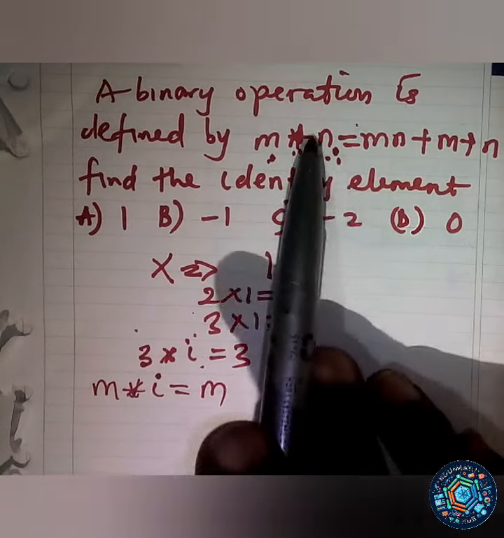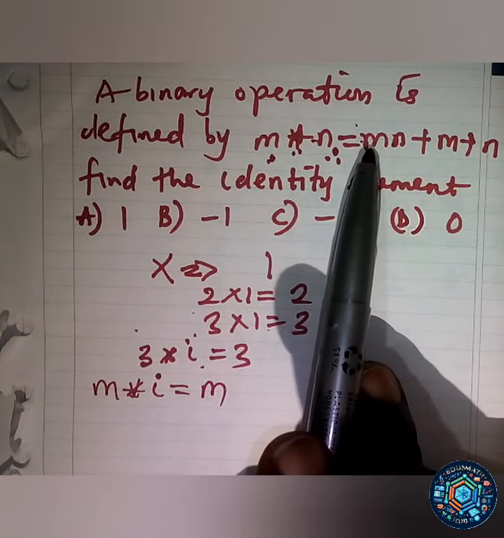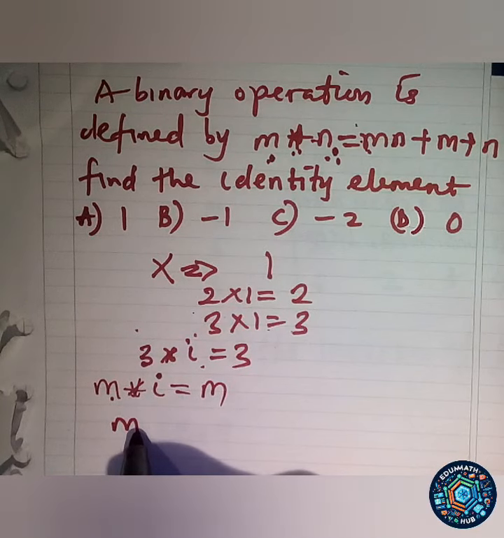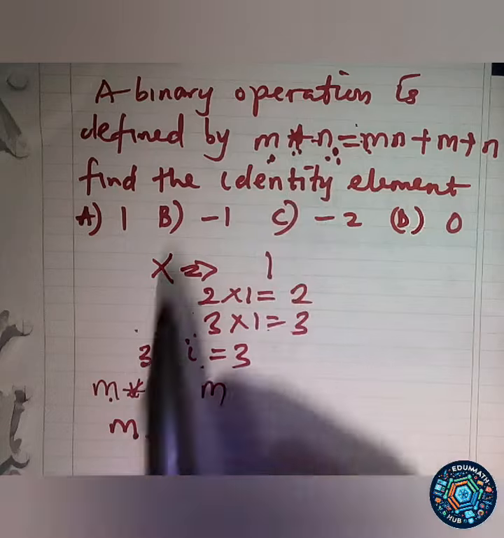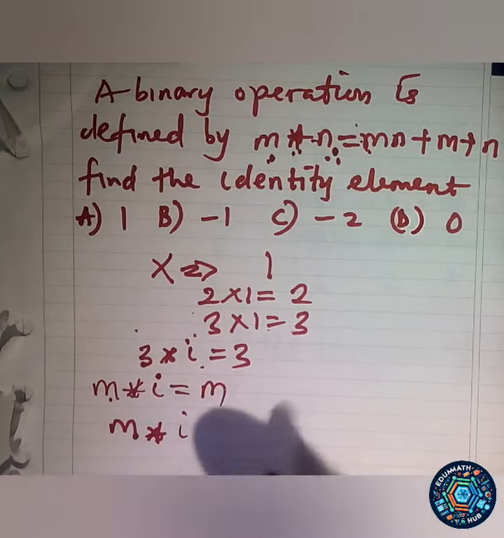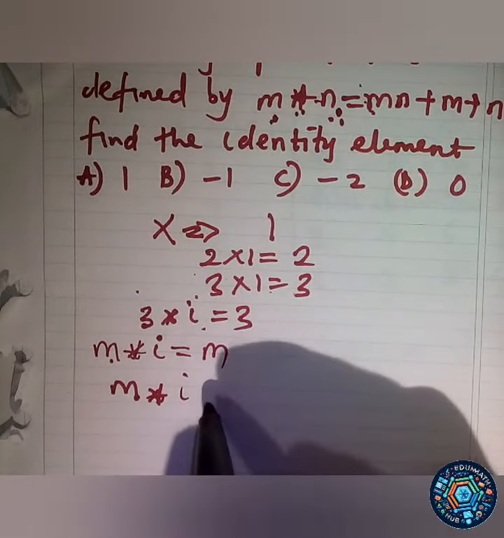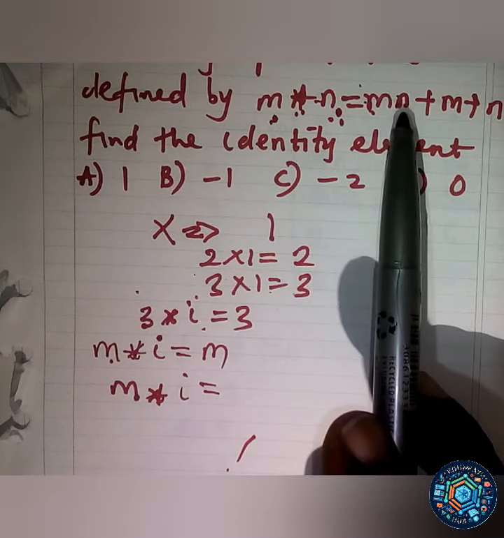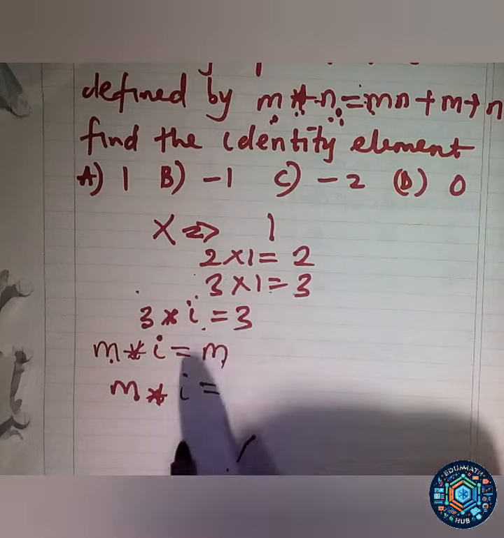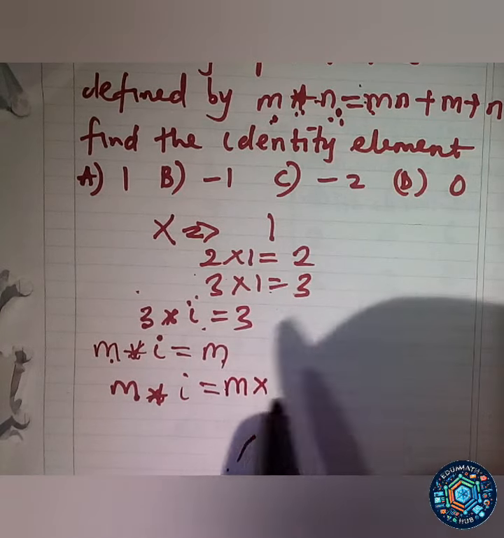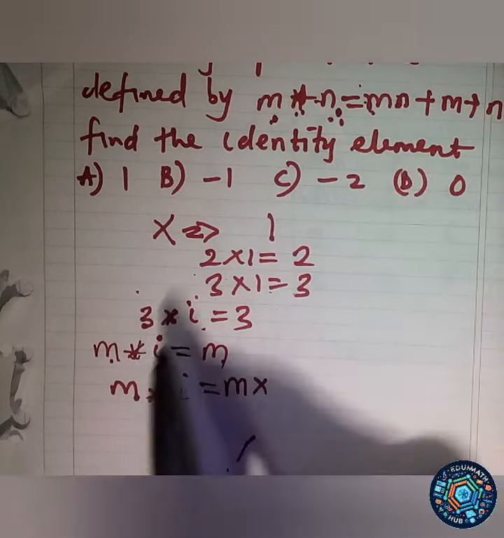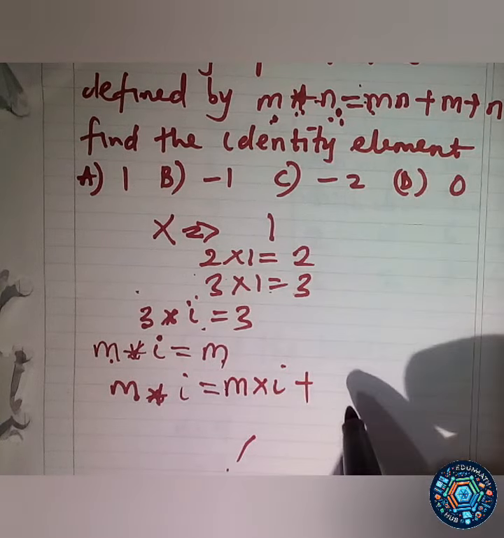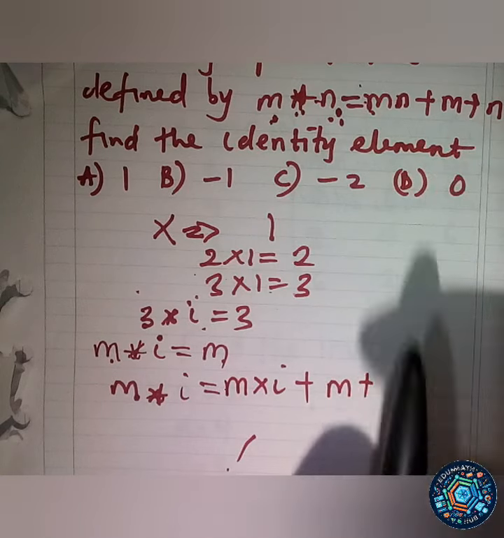Now let's come back here and plug it in. m is standing as m, so I write m here. n is standing as I, so I write I. This is equal to mn, so m times I, plus m, plus n which is I.